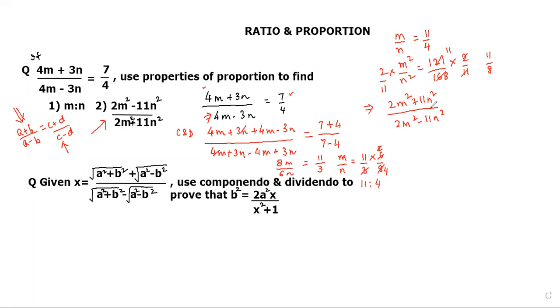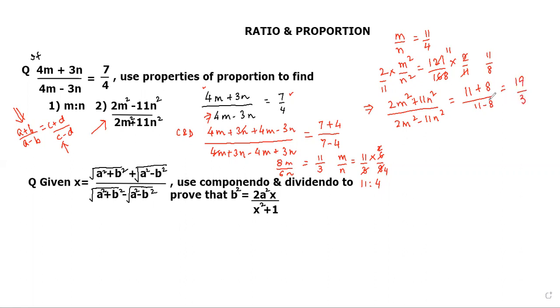And if I'm doing the componendo and dividendo on the left hand side, I will do it on the right hand side also. So (11 plus 8) upon (11 minus 8), which is 19 upon 3.